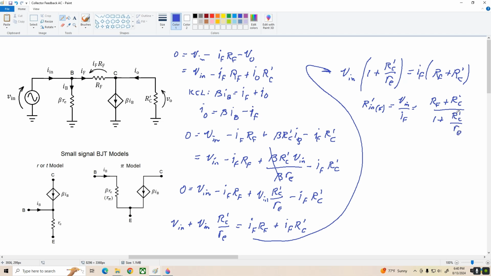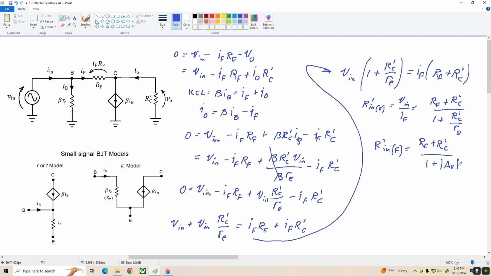And notice R prime c over little re is just the gain of the amplifier without any feedback resistors or anything. That's just the normal voltage gain. So we can rewrite this as R prime in to the feedback resistor is equal to Rf plus R prime c divided by 1 plus the gain magnitude.